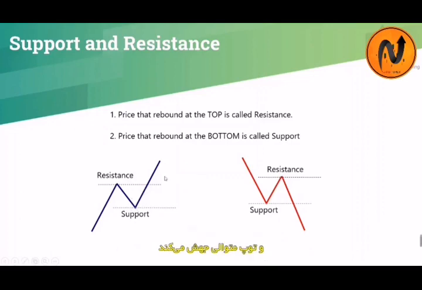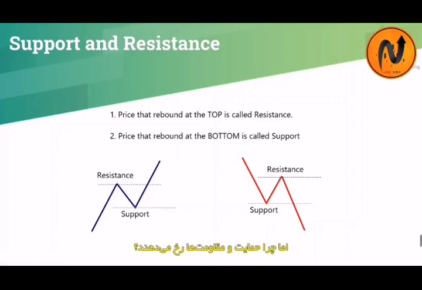The ball will bounce and bounce and bounce. And similarly, if the floor has a hole and the ball goes through, then it will keep bouncing again, where your support has become a resistance in this case. So it is very easy to understand, and this is a simple explanation of support and resistance.